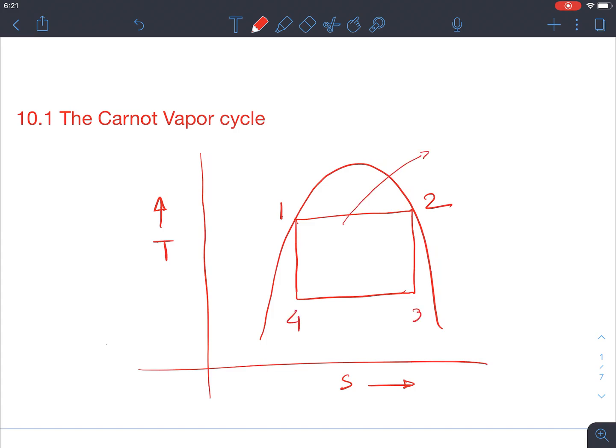Process 1 to 2 is basically isothermal heat addition or heat transfer. Process 2 to 3 is basically isentropic expansion through the turbine. Process 3 to 4 is condensation.